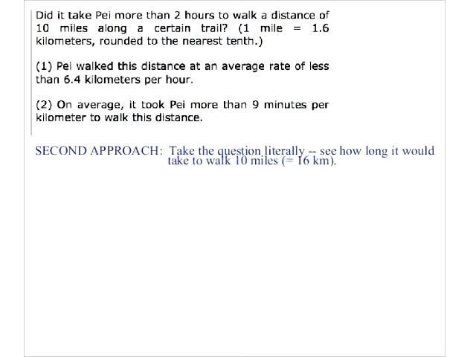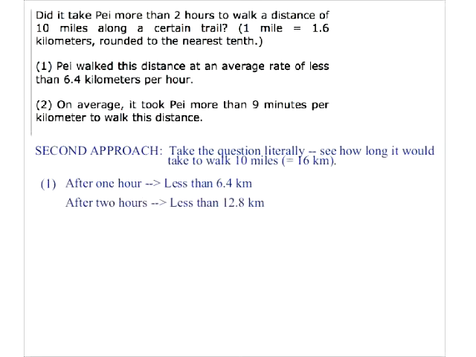So, statement 1, an average rate of less than 6.4 kilometers per hour. This means that after 1 hour, Pei has walked less than 6.4 kilometers, and after 2 hours, he has walked less than 12.8 kilometers.